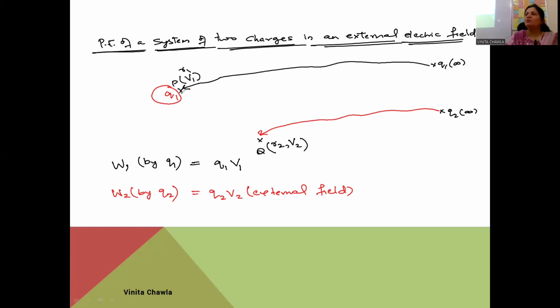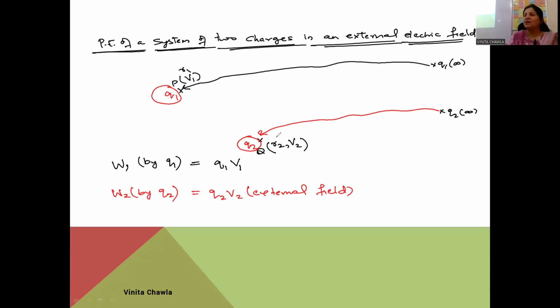For charge Q1, there was only the external field. And this charge Q1 has done the work against the external electrostatic field. But for charge Q2, we have one external electric field and second is the field created by charge Q1.